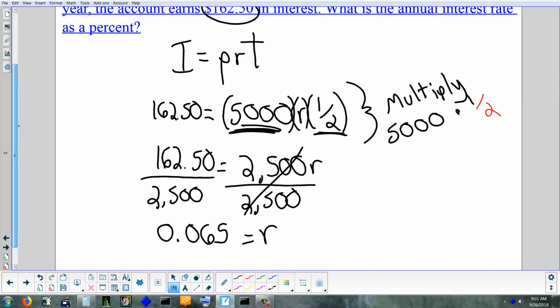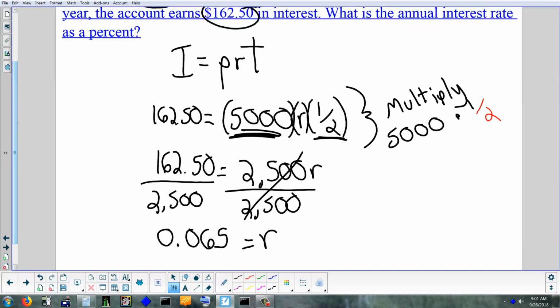I'm going to scroll up just a little bit. He said, what is the annual interest rate as a percent? All right? What do you think, Mary? 6.5, right? Because before, Mr. Hager gave you 12%, and he wanted you to make that a decimal. So if I think of 12, even though it's not written there, as a decimal, 12 would be 12.0.